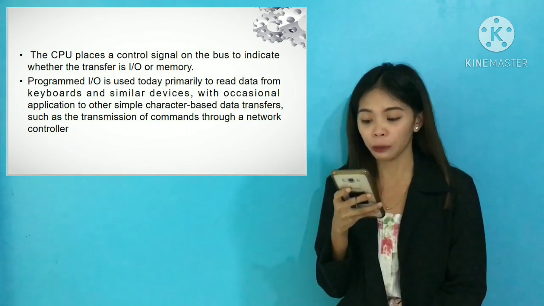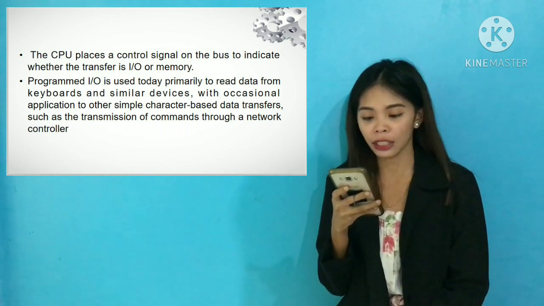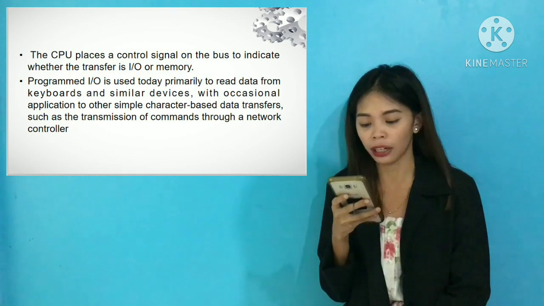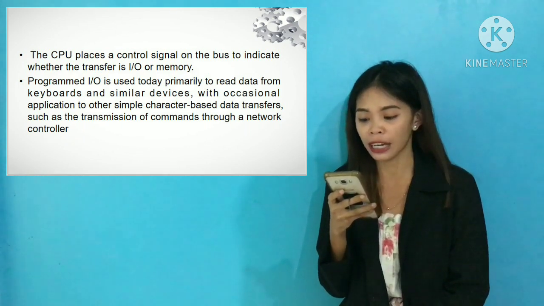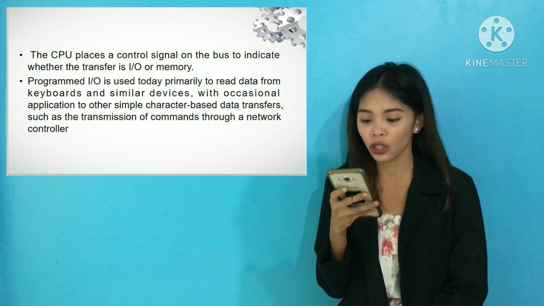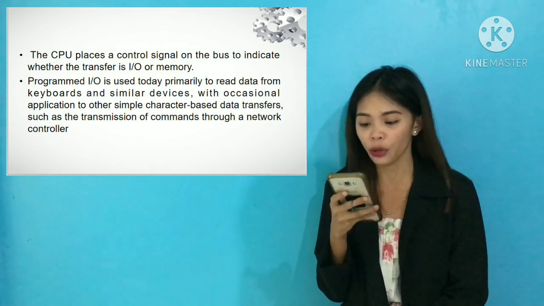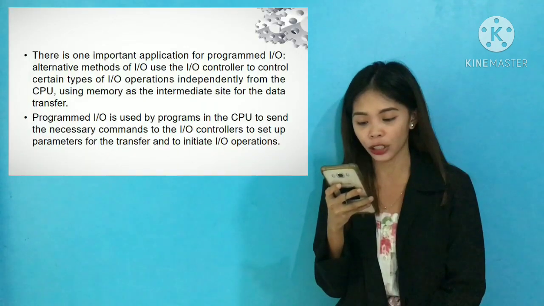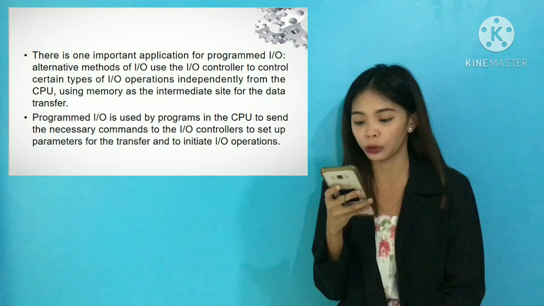Program input-output is used today primarily to read data from keyboards and similar devices, with occasional application to other simple character-based data transfers, such as the transmission of commands through a network controller. There is one important application for program input-output.